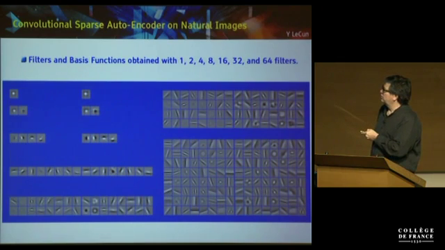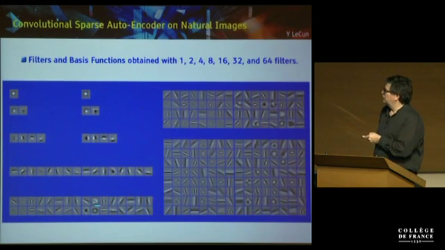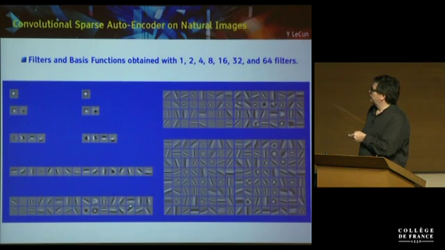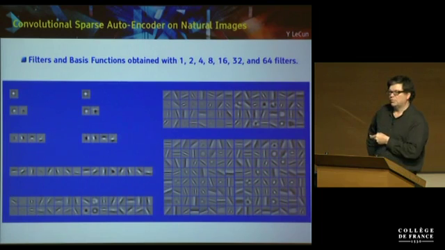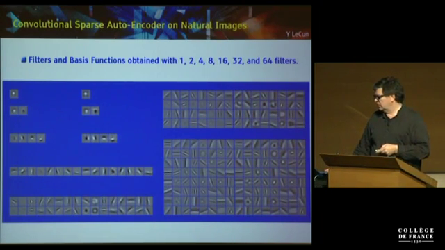With 4 filters, you start to have oriented filters, bipolar, vertical, horizontal, and here a lot of diversity, even more. Center, surround, with a Mexican hat, oriented edge, and the more you increase the number of filters, the more diversity you have in the filters learned because of this algorithm.